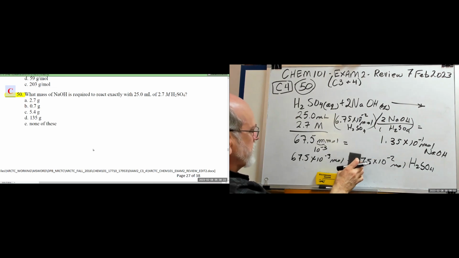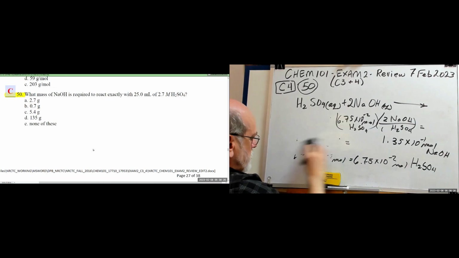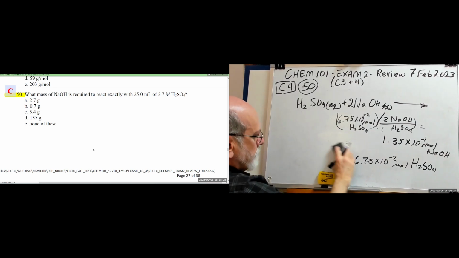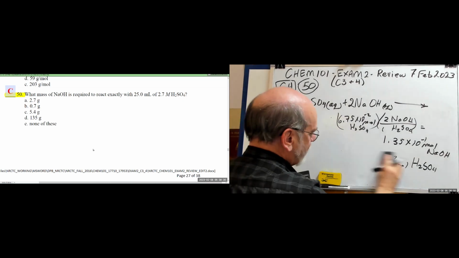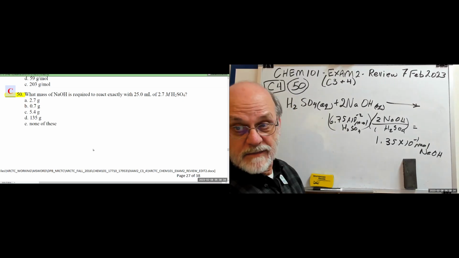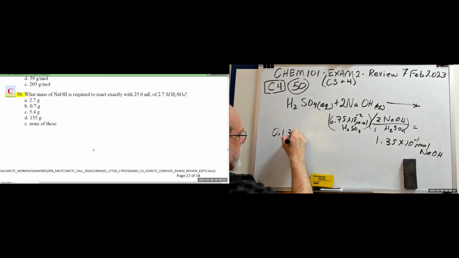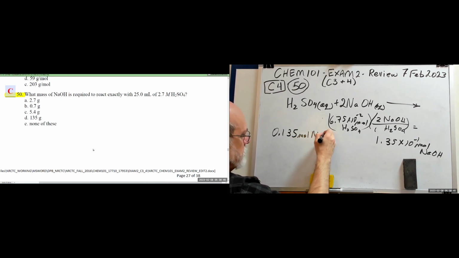Let me make some room here. So this is 0.135 moles of sodium hydroxide.